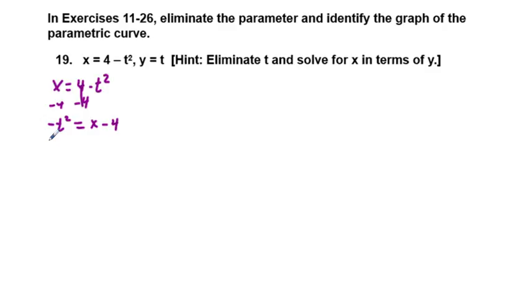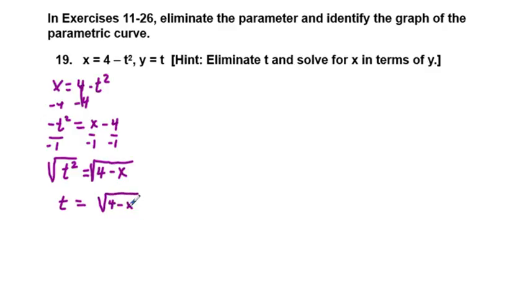And if we divide both sides of this equation by negative 1, we have t squared is equal to, we'll say, 4 minus x. And then if we take the square root of both sides of this equation, we get t is equal to the square root of quantity 4 minus x.